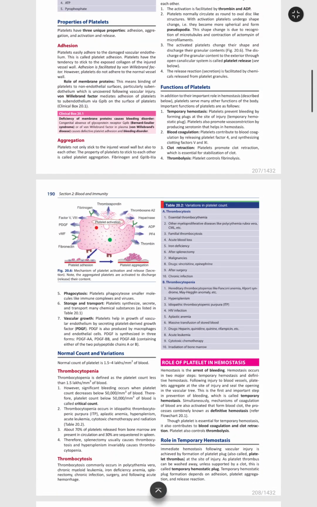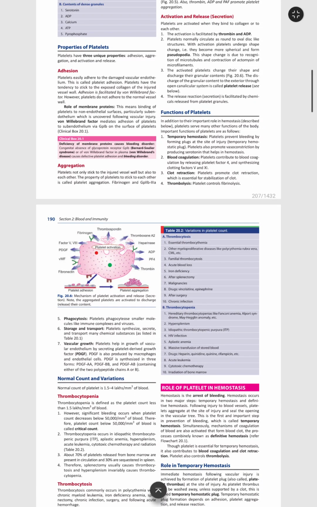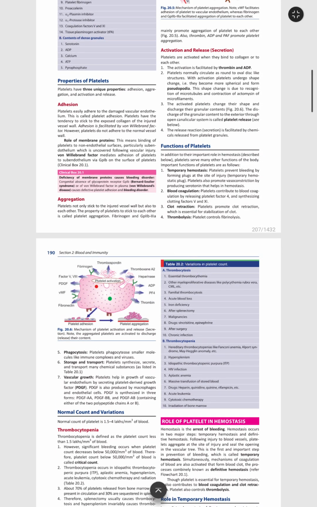Now variation in platelet count: thrombocytosis and thrombocytopenia. Thrombocytosis is increased usually after surgery, in chronic infections, splenectomy.